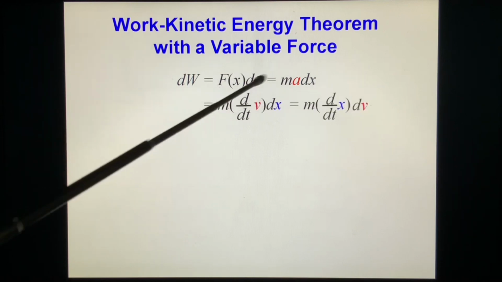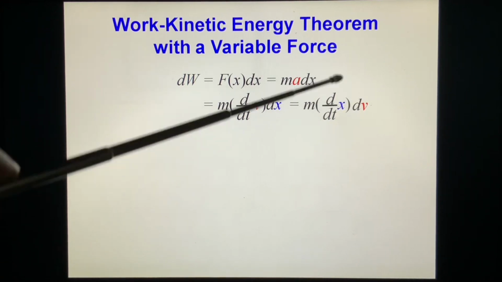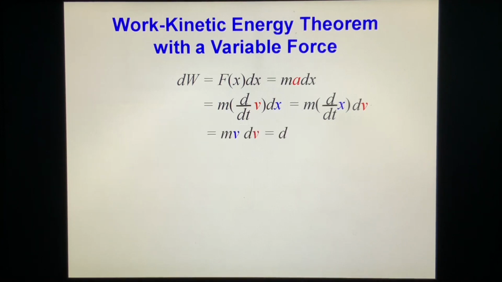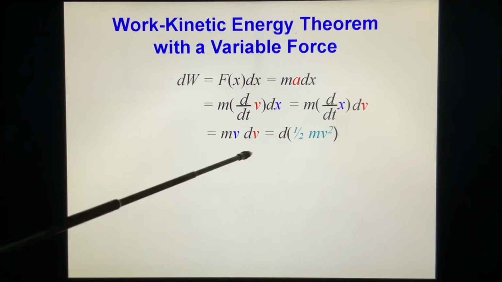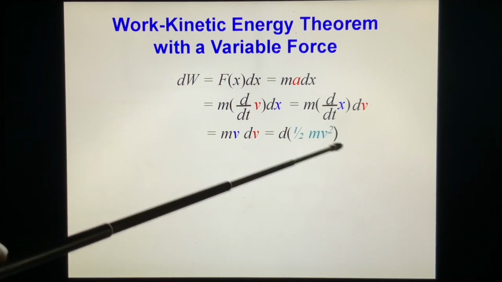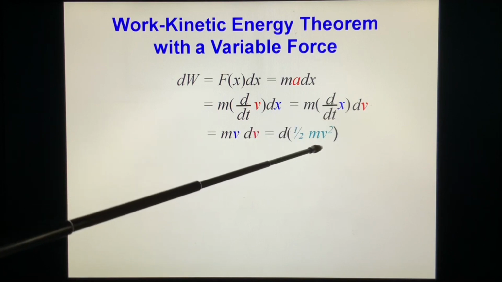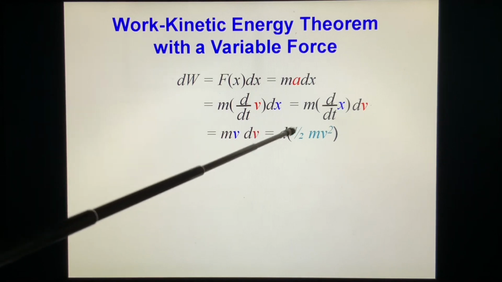We get a dv out, dx in. And what is dx/dt? It is v. So it becomes v dv, and we put them inside and get this half m v squared. You do the derivative of half m v squared relative to v and we get this one. So dW equals d of half m v squared.